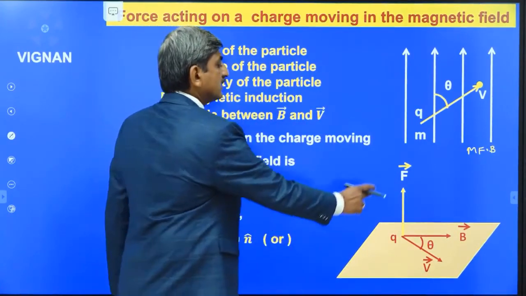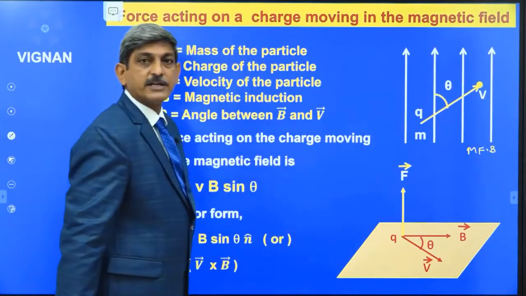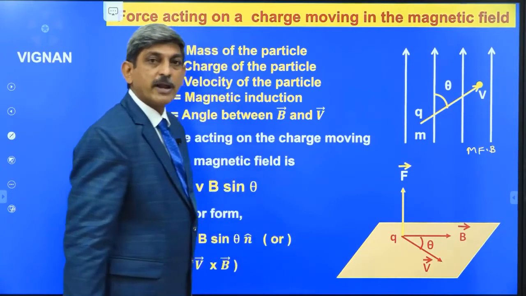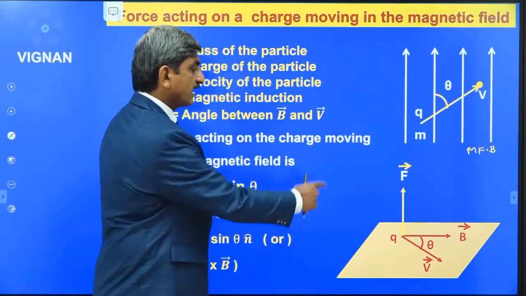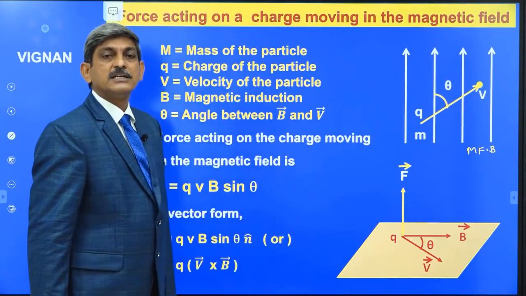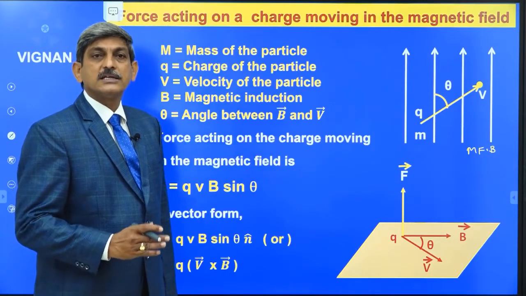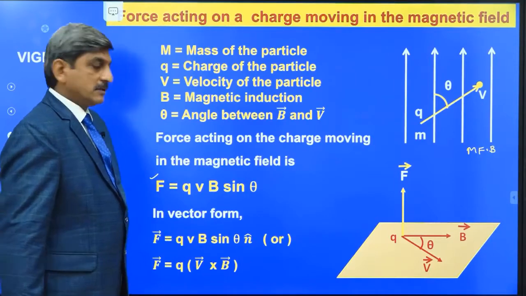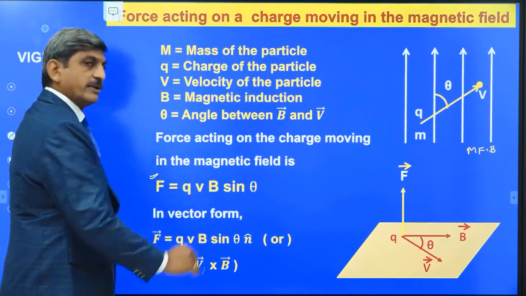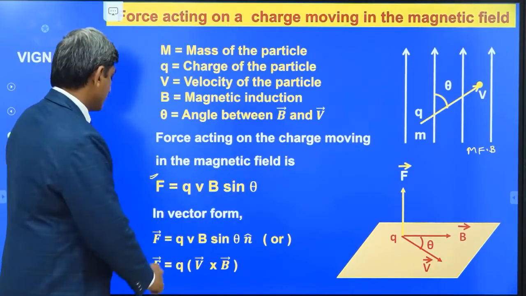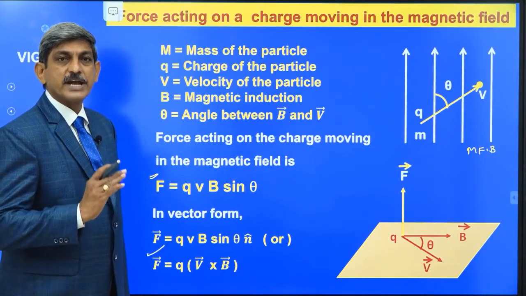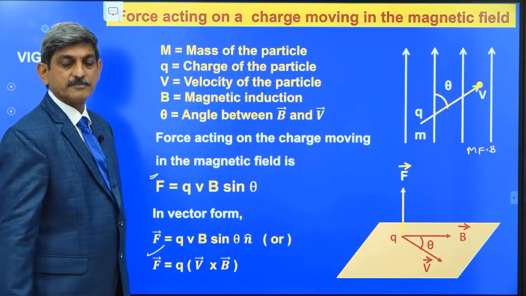The direction of the force acting on the particle is always perpendicular to the plane containing both v bar and B bar. The direction is decided by the screw rule or the right hand rule. So by using this formula, we can determine the magnitude of the force, and by using this formula, we can decide the direction of the force acting on the charged particle.